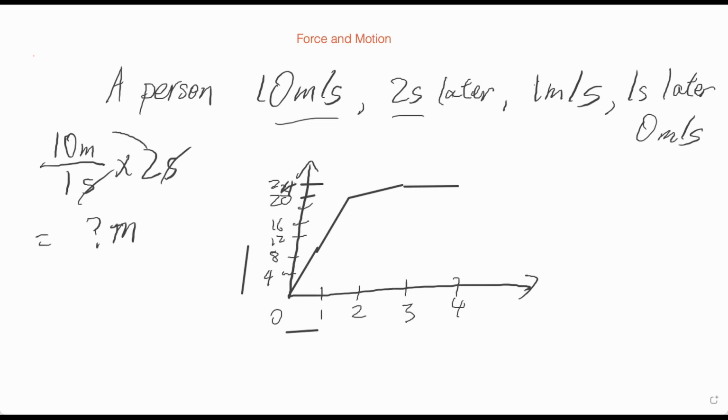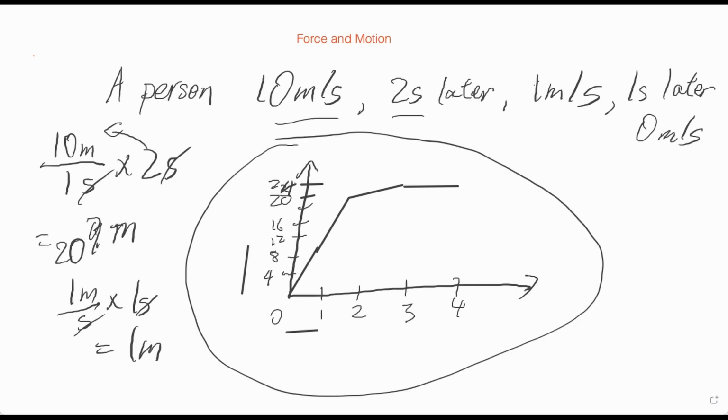So 2 times 10, 20 meters. Or 1 meter per second times 1 second, cross the seconds out, 1 meter. So you can figure out how to draw a dt graph using these.